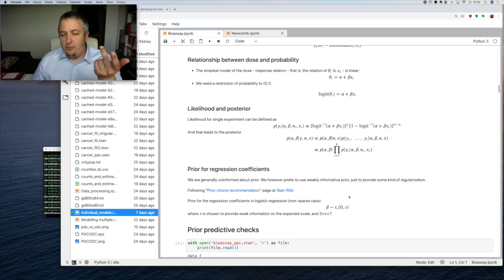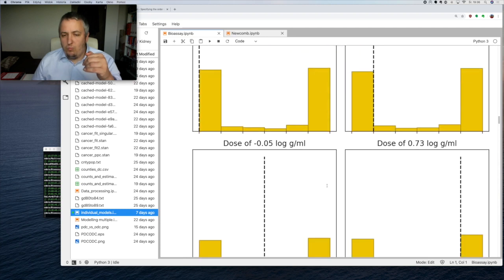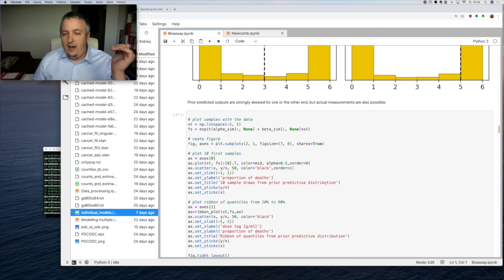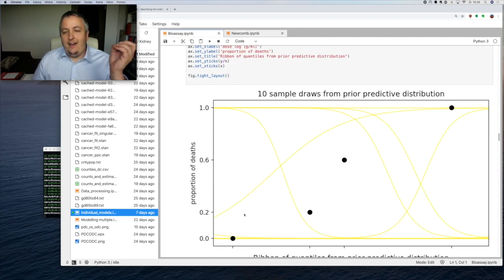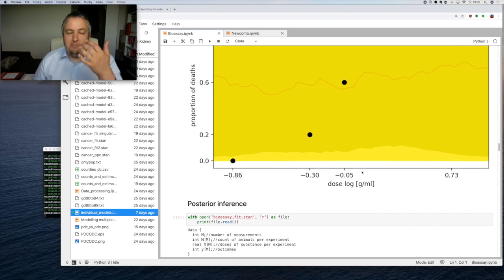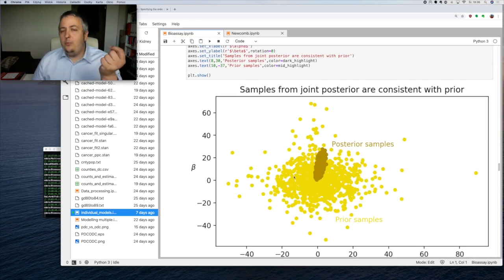We selected a prior for our parameters when we developed the likelihood. We did the checks for the prior: does it make sense? The data aren't completely outside of the interest, and we got a relationship that might make sense. So this is also useful. Then we fitted the data.